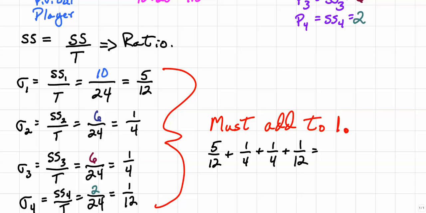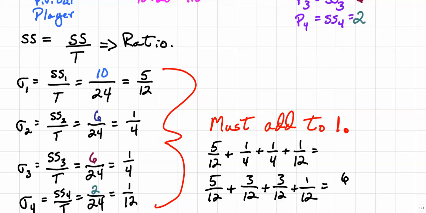And that means that we have 5 over 12 plus 3 over 12 plus 3 over 12 plus 1 over 12, which is equal to 12 over 12, which is in fact equal to 1.